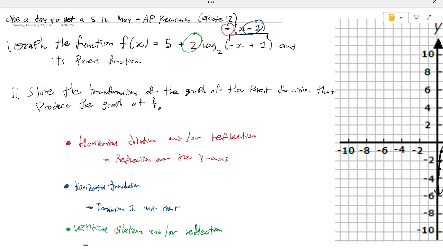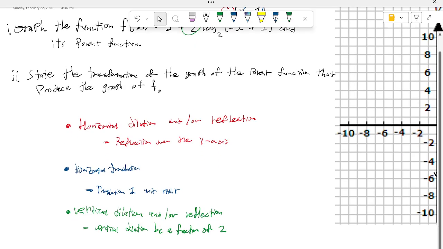And for us, that is a vertical dilation by a factor of 2. Okay. And there's one more thing we have to worry about.